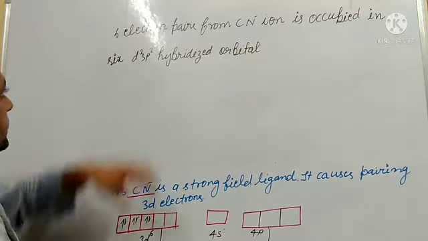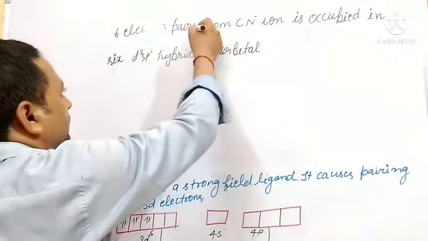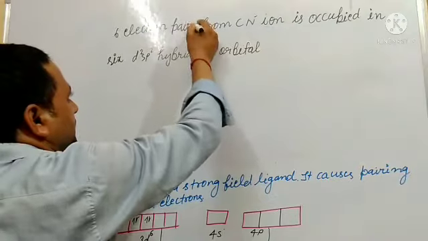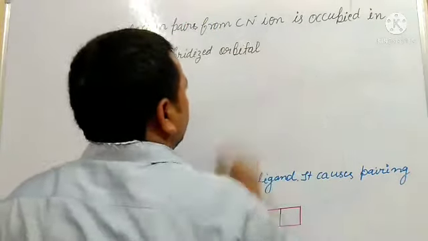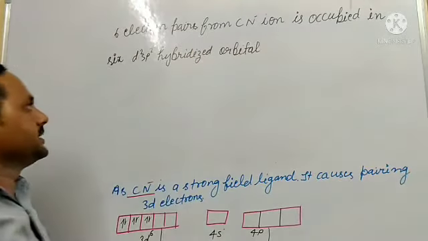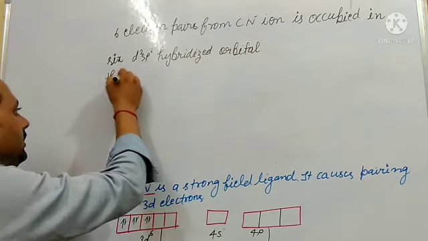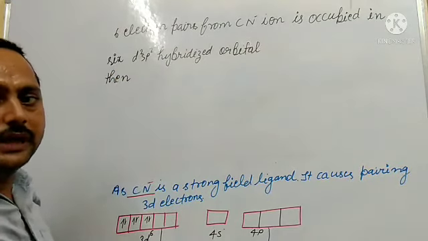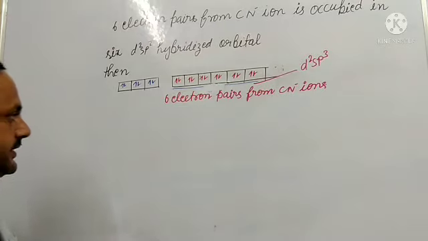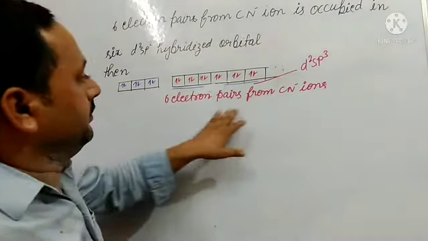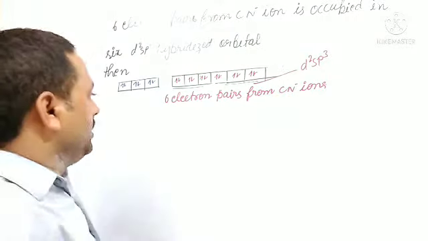We see that 6 electron pairs from the CN ions are occupied in 6 d2sp3 hybridized orbitals. Then we will show it like this. So here we have seen that 6 electron pairs are given from 6 cyanide ions.